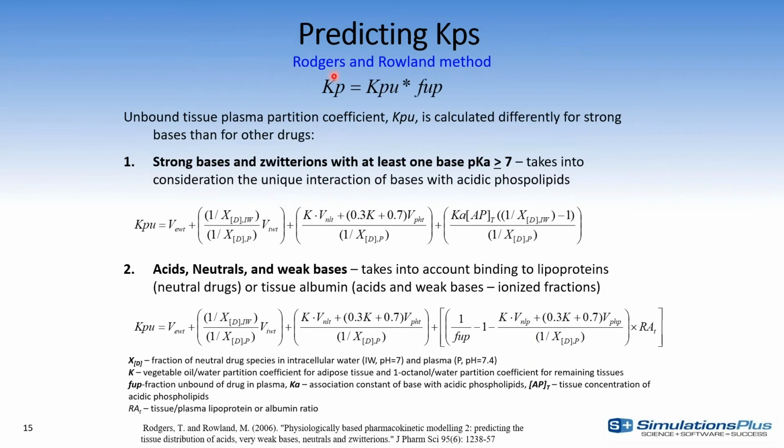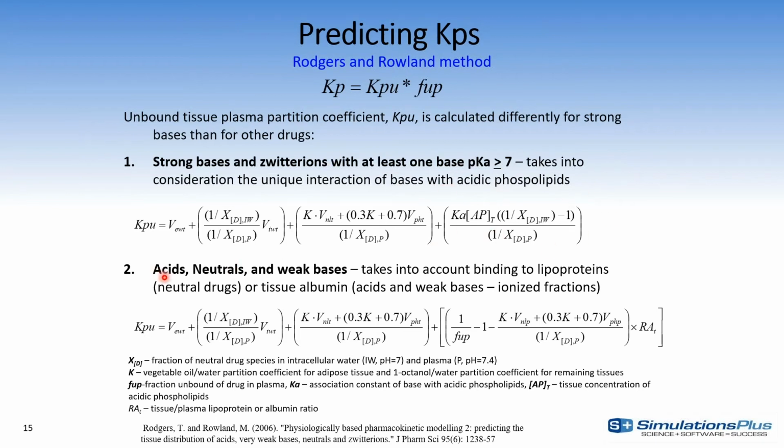Next is the Rodgers and Rowland method. In their method, they use the pKa to describe two types of binding. So if your drug compound is a strong base or zwitterion with at least one base pKa greater than 7, then they will take into account the direct electrostatic interaction of bases with the acidic phospholipids.